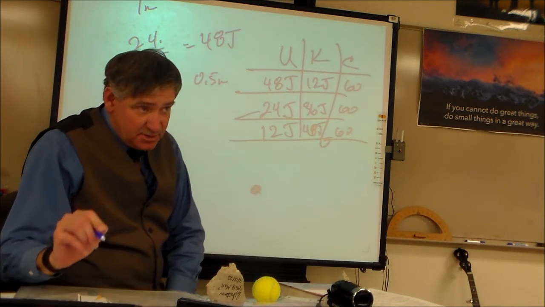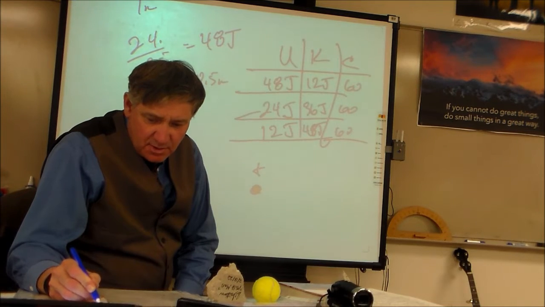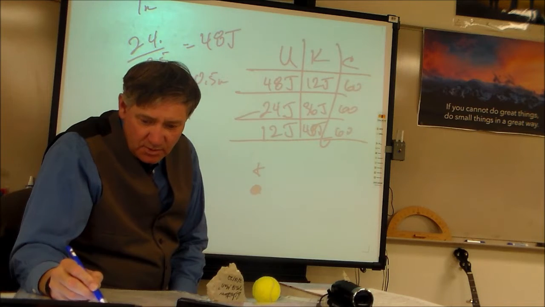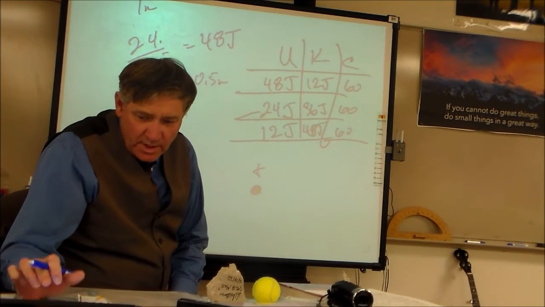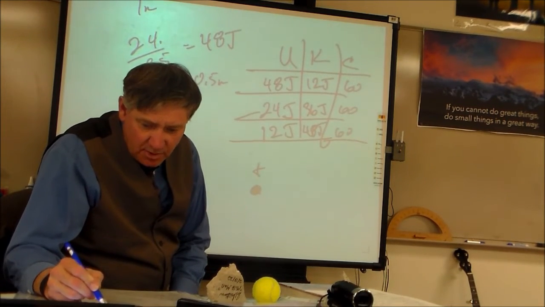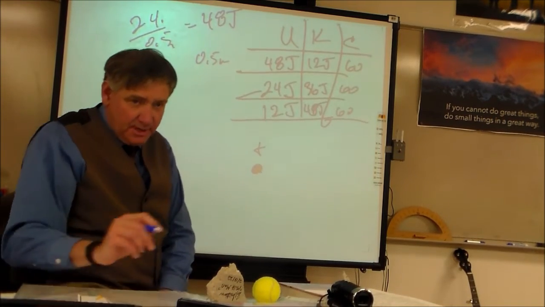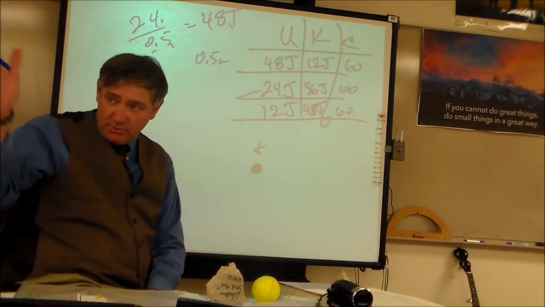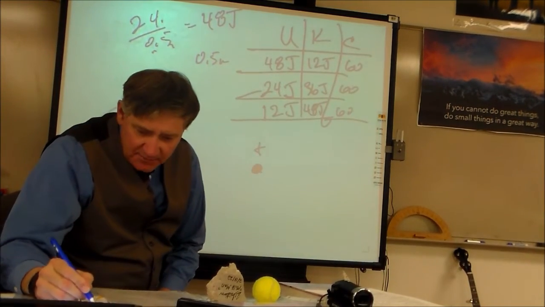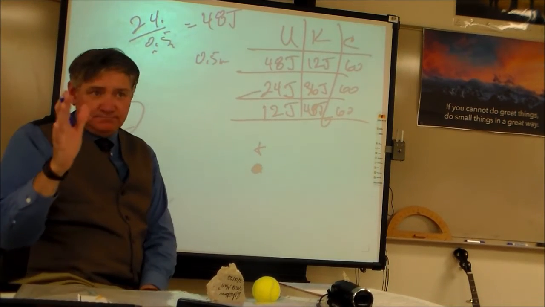Okay, so now let's look at basically what we're saying. Here's this positively charged particle. We're going to shoot this other positively charged particle at some distance away. When we were at 2 meters away, we had a certain amount of UE, which was 12 joules, but we had a lot of kinetic energy, right? So when we're 2 meters away, we have a lot of kinetic energy, but we don't have much UE.